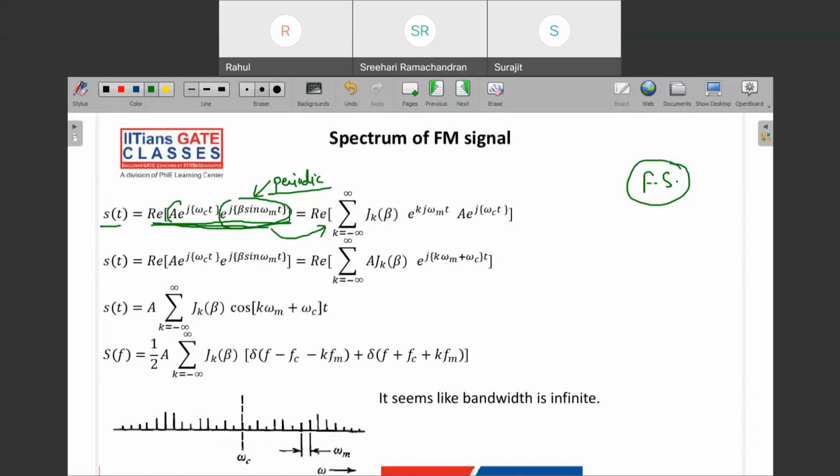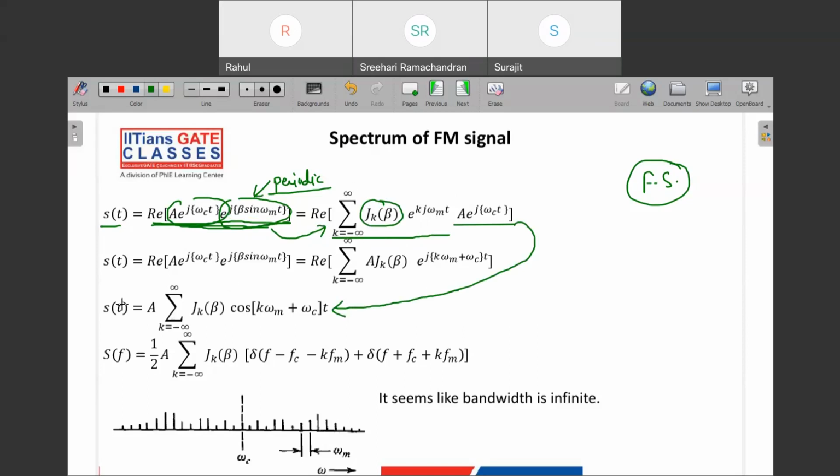I have kept e to the j omega c t as it is, but the Fourier series of the second term is going to look like this. This term we call the Bessel coefficient, Jk(beta). Now if you take the Fourier transform of this, this is what you will get.